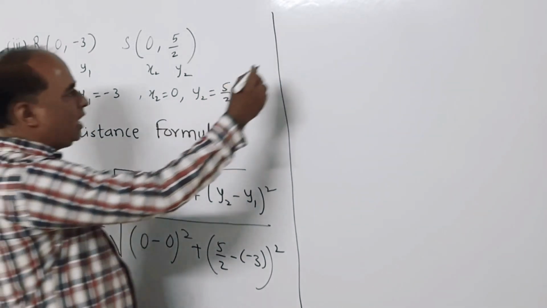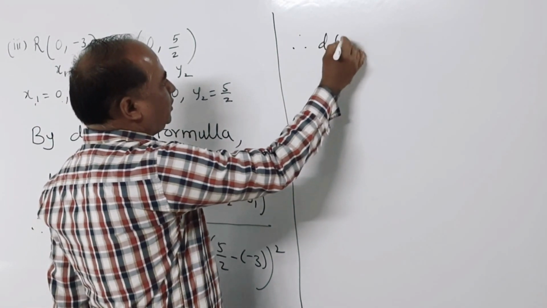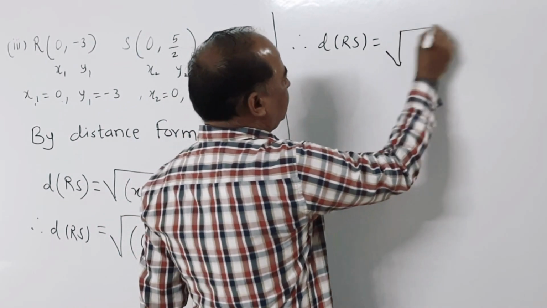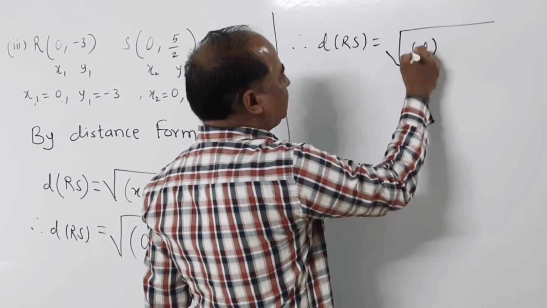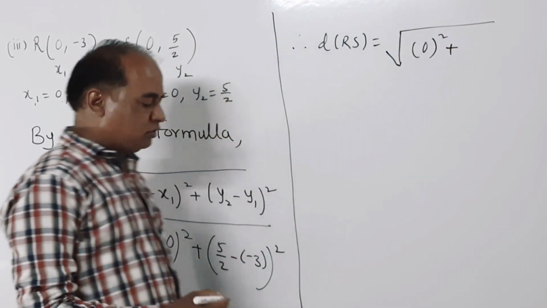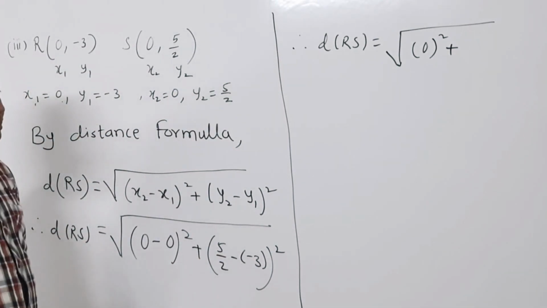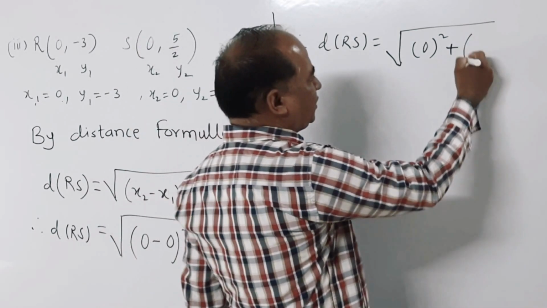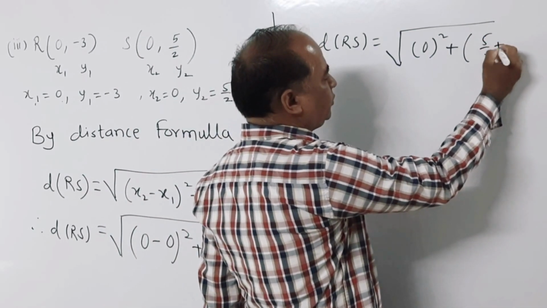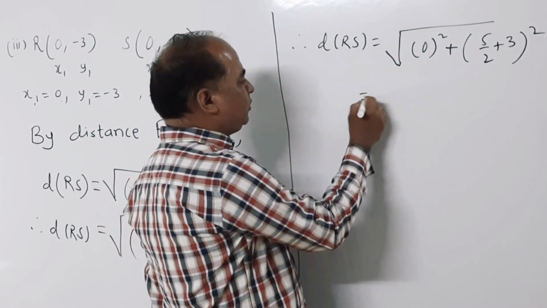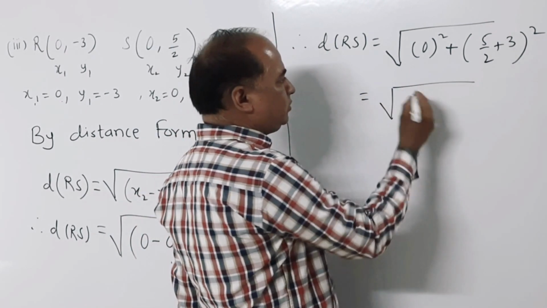Therefore distance RS is equal to square root of (0 minus 0, that is 0) square plus (5.2 minus minus 3, that is 5.2 plus 3) bracket square, which is equal to 0 square will become 0.